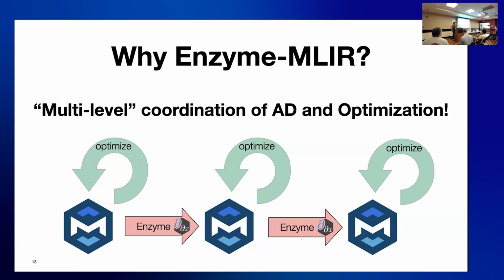So to capture that optimization angle, we designed Enzyme MLIR. And with this, because we have a first-class MLIR dialect for representing AD in MLIR, we can coordinate between AD and optimization together.